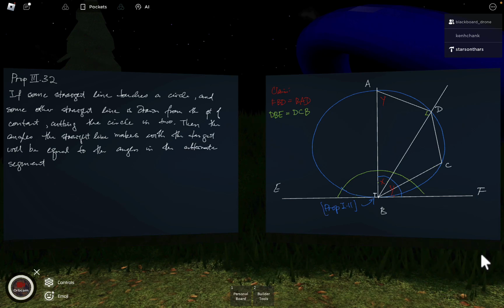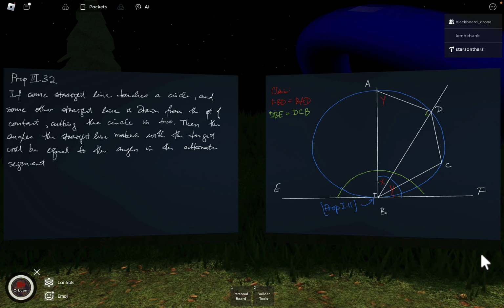This chapter is all about circles, and we've seen that if you draw a line through a circle, then if it is a diameter, you get right angles when you draw the angle of the segment, or circumference, I think. Maybe those are synonymous.